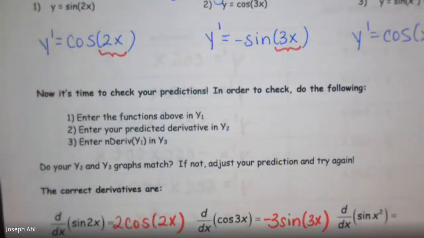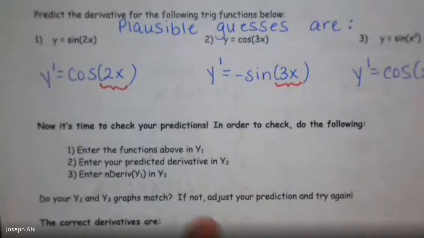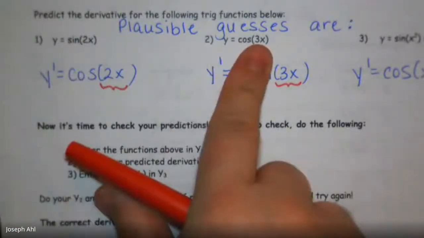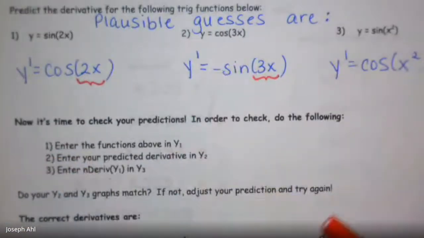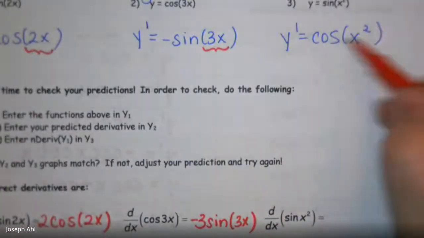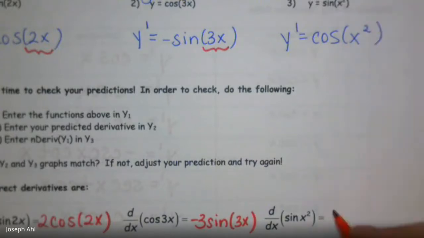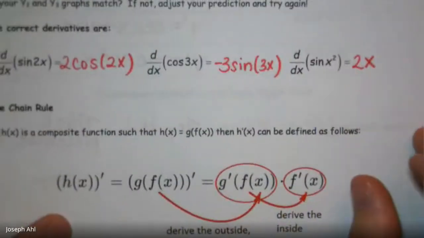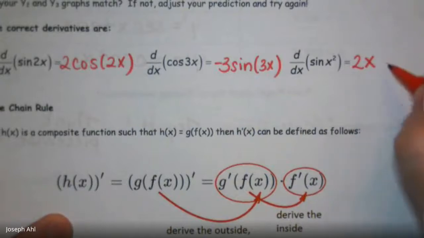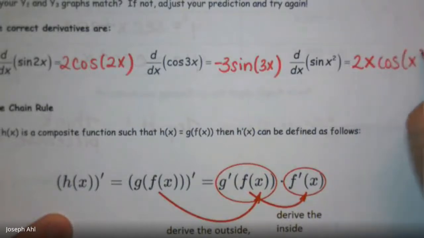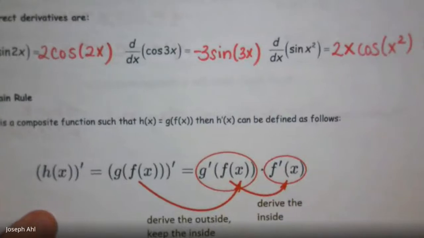The outside part that we're multiplying by is the derivative of what was on the inside of this function. So in the last case, we're not just going to get cosine of x squared, but it's going to be multiplied by the derivative of what's on the inside, and the derivative of x squared is 2x. So for the last one, write 2x, and then cosine of x squared.